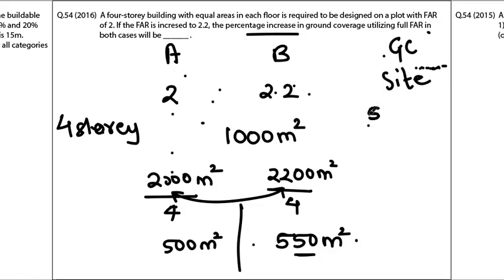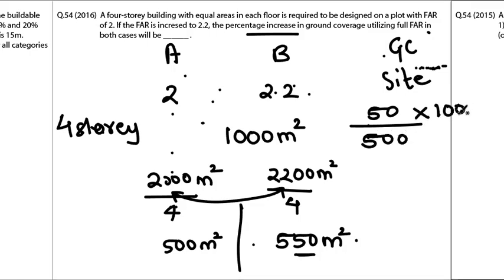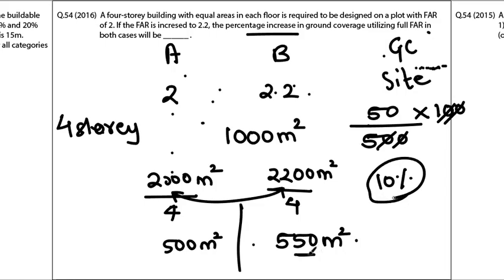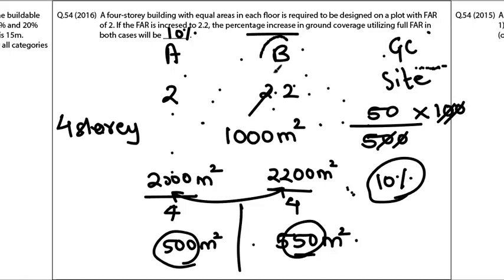The increase is 50 out of 500, and for calculating percentage value, multiply by 100. So it is 10%. 50 is nothing but 10% of 500, right? So I am getting 10% additional built up area in option B.